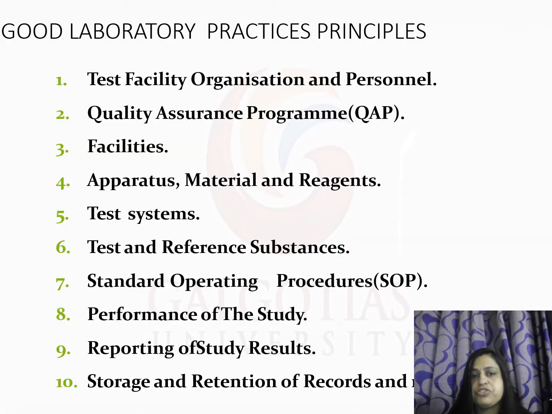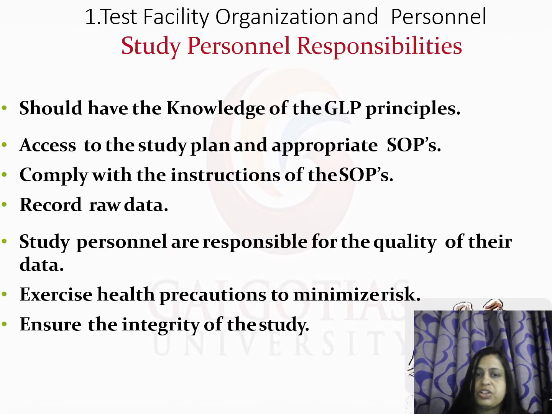The principles of GLP include test facility organization and personnel, quality assurance program, facility, apparatus, material, reagent, test system, test and reference standards, standard operating procedures, performance of the study, reporting, and storage and retention of records and reports.